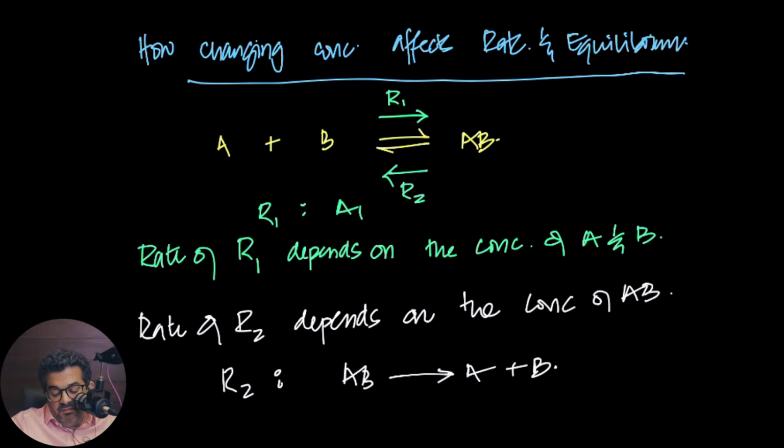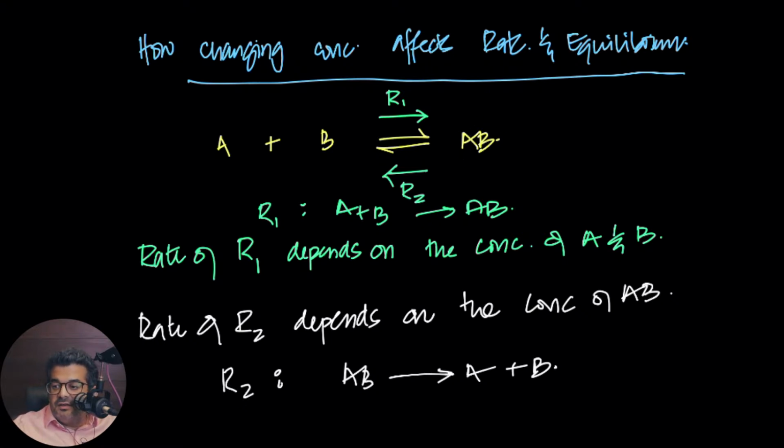R1 is A and B becoming AB. R1 is the forward direction and R2 is the backward. They're independent reactions. They just happen to be in equilibrium, but they're independent reactions. So R1 depends on the concentration of A and B. R2, the backward reaction, depends on how much of AB you have.